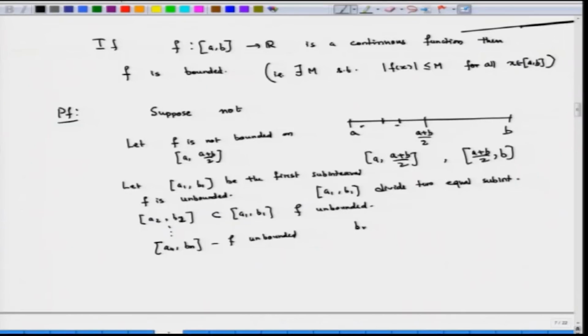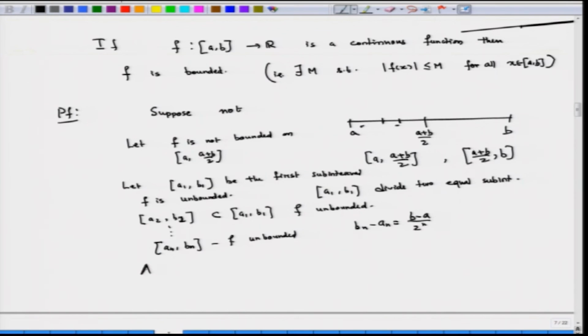As you can see, b1 minus a1 is (b minus a)/2. Now b2 minus a2 is equal to (b1 minus a1)/2, which is equal to (b minus a)/4. So bn minus an is (b minus a)/2 to the power n. This is what we have got.